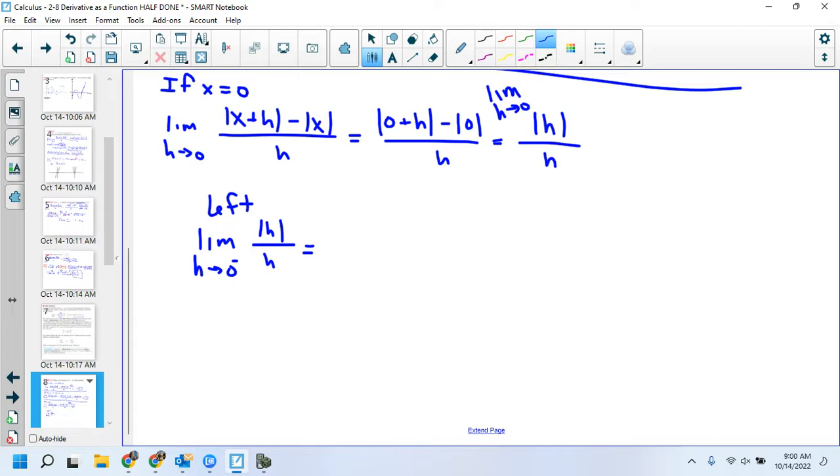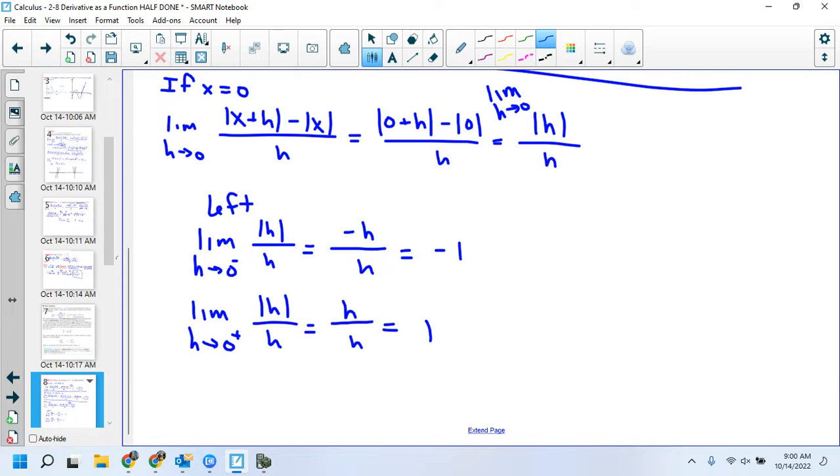So the absolute value of h would actually equal negative h, which is negative 1. The limit as h goes to 0 from the right of the absolute value of h over h, well, if it says on the right, h is positive, so the absolute value of h is just h. What did I show here? The limit does not exist.